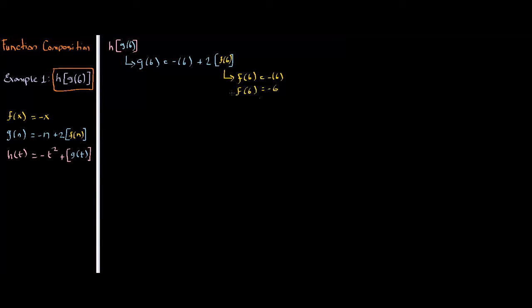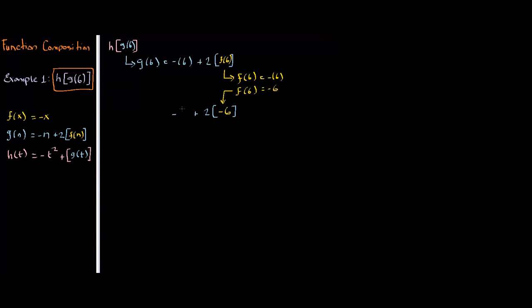And that is what we're going to input back where we started. It will be negative 6 here. And I'm going to continue just exactly as if I would be continuing with g of 6 in here. So I'm going to continue down here now.